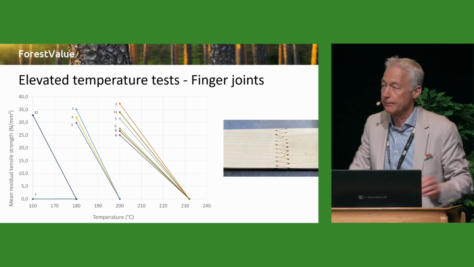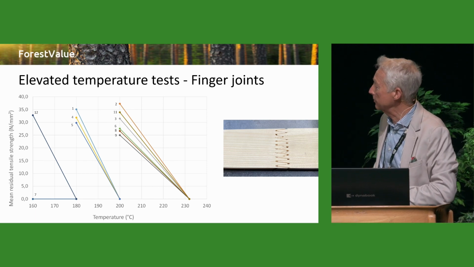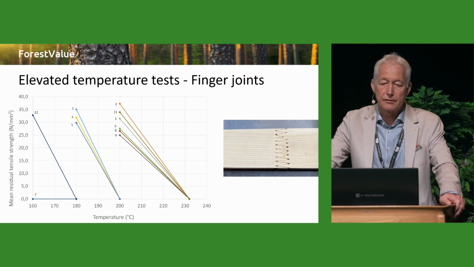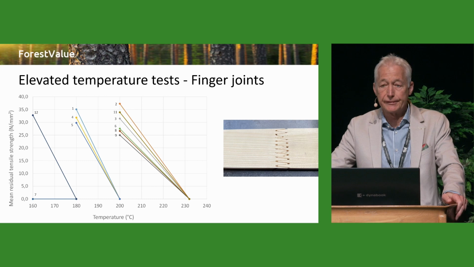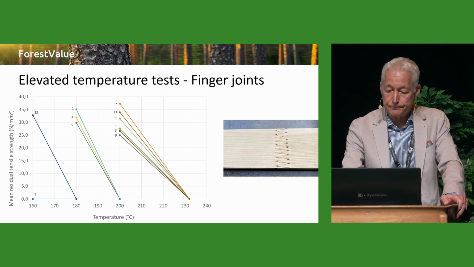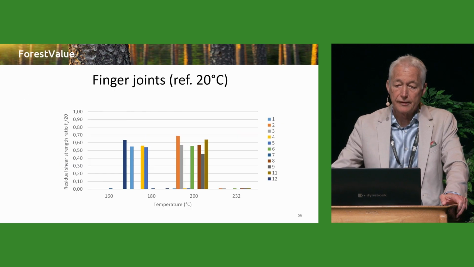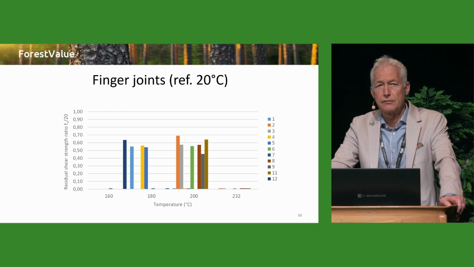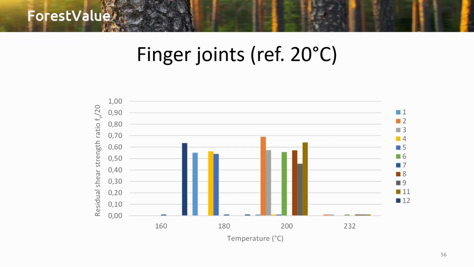Again, the adhesives which showed a decent capacity at 200 degrees were throughout of one already named generic adhesive family. That is the results of the finger joints, which complies quite well with the results of the scarf joints.